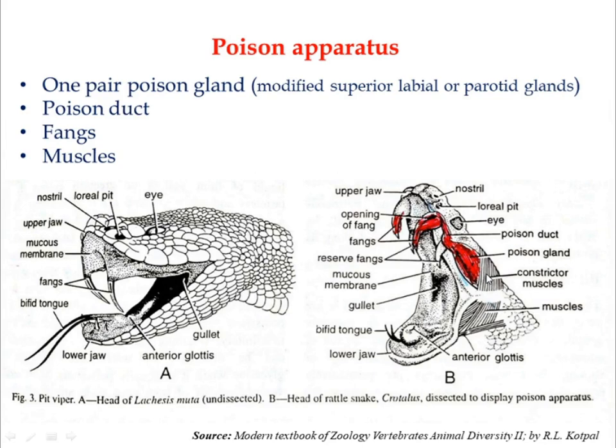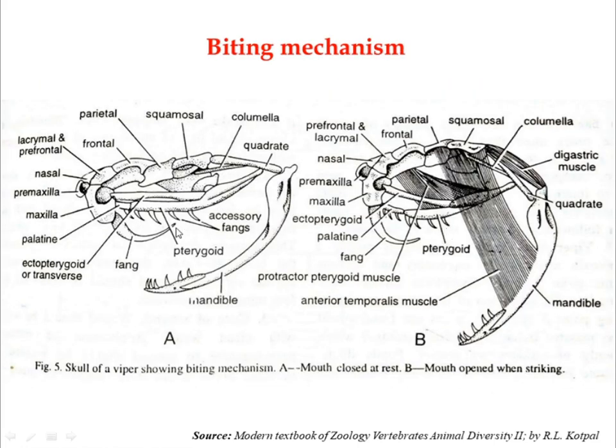The contraction of the constrictor muscles causes the venom present in the poison gland to squeeze into the poison duct, and since the fangs have already been erected, from the poison duct the venom is passed into the fangs, and from the fangs it is injected inside the prey's or victim's body. So this is the chain of events which takes place during the biting mechanism of the venomous snake.